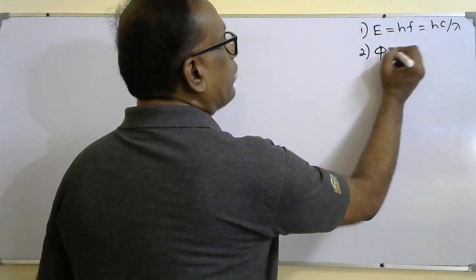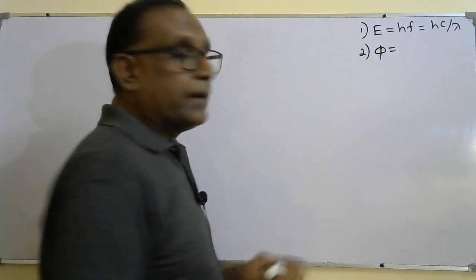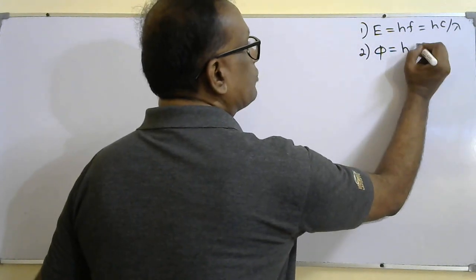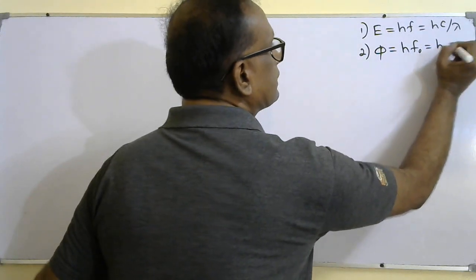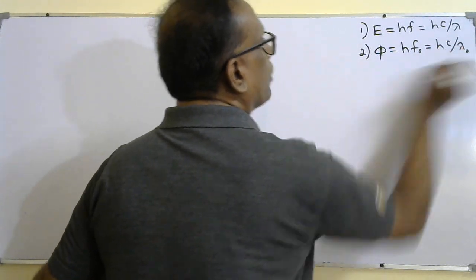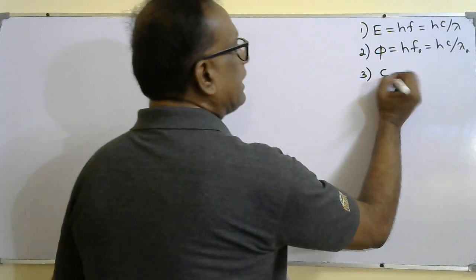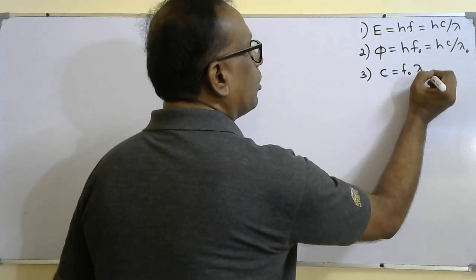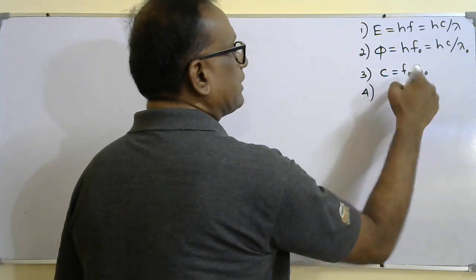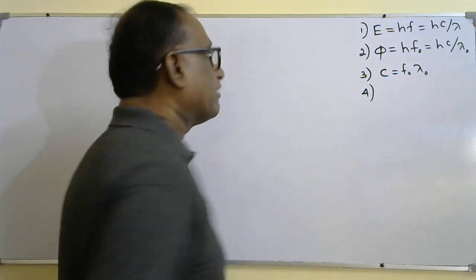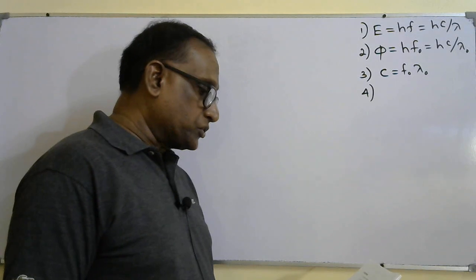Minimum energy required to remove an electron from the surface of metal is called work function, that is given by hf naught or hc over lambda naught. So you know that c equals f lambda, so c equals f naught lambda naught. You must know the relationship between threshold frequency and threshold wavelength, and you must be able to define them also.